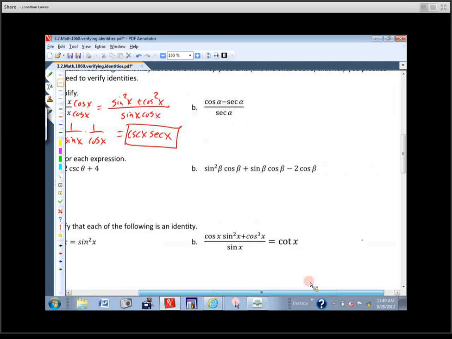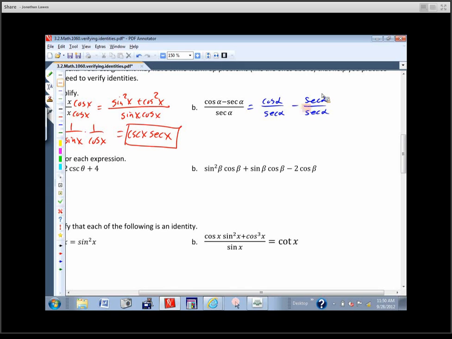This one says simplify here also. So I've got a cosine minus a secant over a secant. Okay, we can split it up. Cosine of alpha over secant of alpha, and then minus secant alpha over secant alpha.